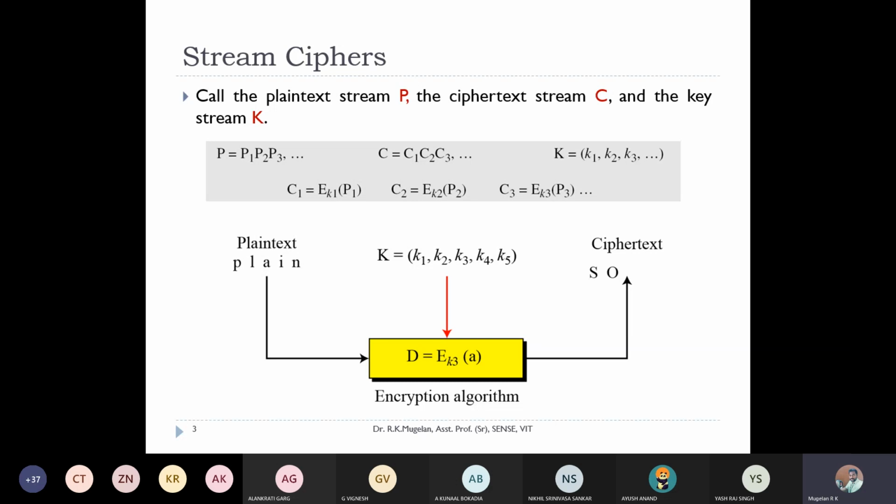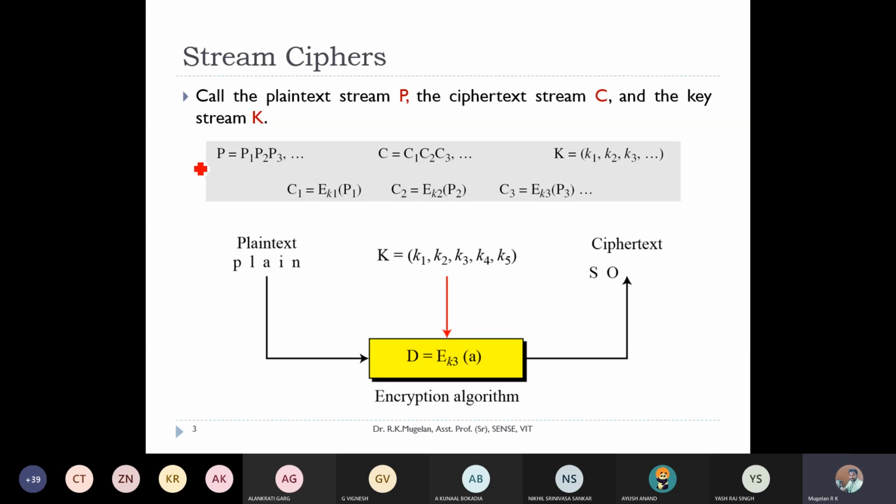We already had a brief introduction about stream ciphers and block ciphers in module 1 itself. So here in a stream cipher, we'll have a stream of plain text with n number of characters. Similarly, we'll produce n number of ciphertext characters with respect to the key stream.